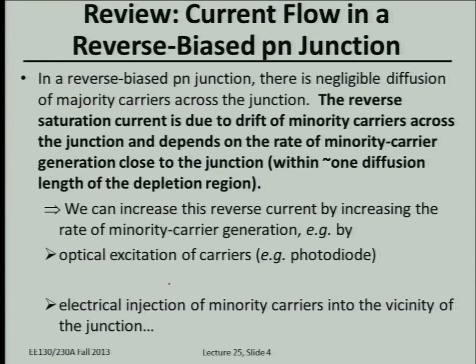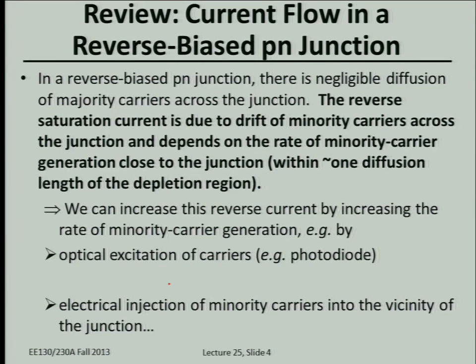What happens to minority carriers under forward bias? Yeah, you're injecting minority carriers into the quasi-neutral regions, right? When you lower the potential barrier with a forward bias, you allow diffusion to occur, and you end up introducing excess minority carriers in the quasi-neutral regions.